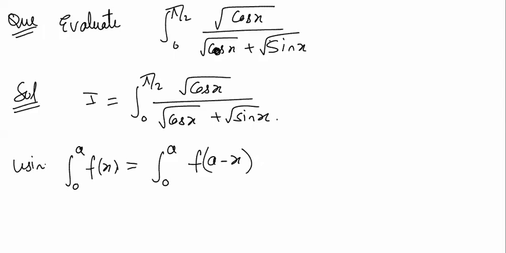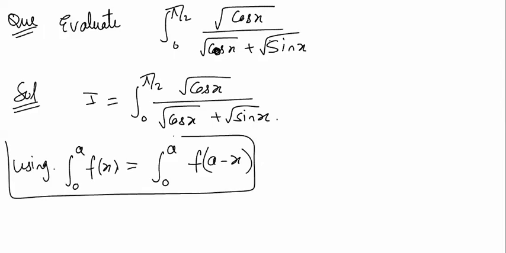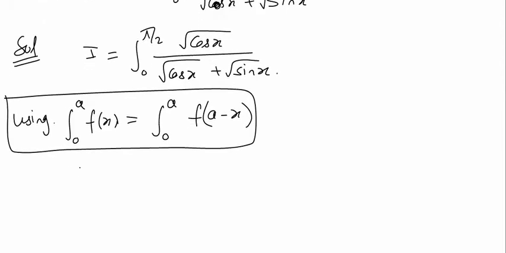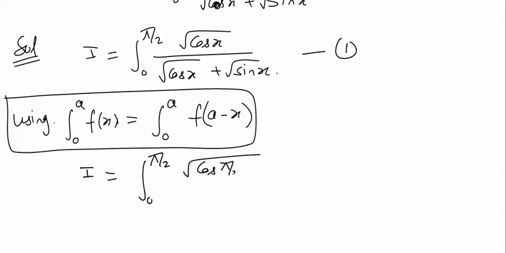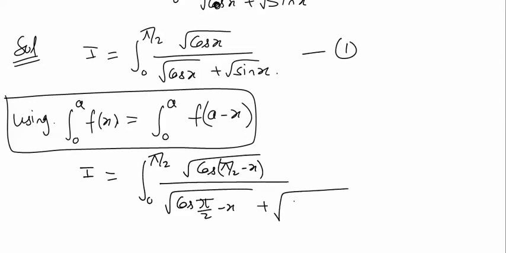Can we use that? Yes, we can. This is equation number 1. Here I will become 0 to pi by 2 under root of cos of (pi by 2 minus x) upon under root of cos of (pi by 2 minus x) plus under root of sin of (pi by 2 minus x).